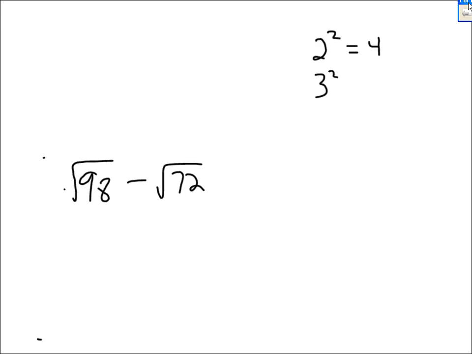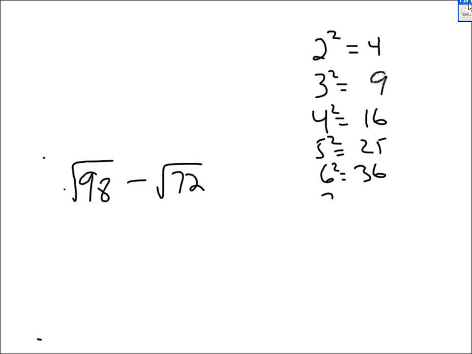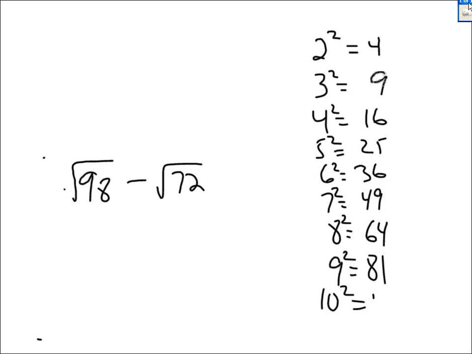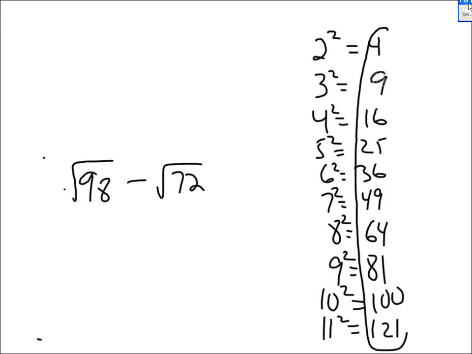We know the square root of 3 squared, that is, we know the square root of 9, it's 3, etc. 4 squared is 16, 5 squared is 25, 6 squared is 36, 7 squared is 49, 8 squared is 64, 9 squared is 81, 10 squared is 100, 11 squared is 121, and 12 squared is 144. We know the square roots of the numbers that I just circled.